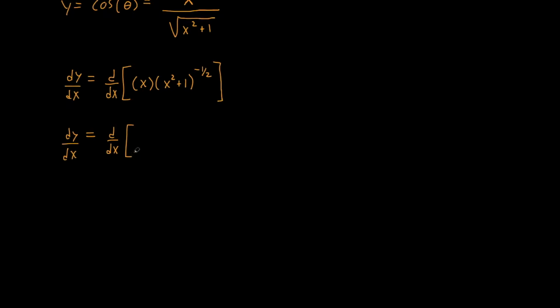So dy/dx is going to equal the derivative of x times (x squared plus 1) to the negative 1/2 power, plus x times the derivative of (x squared plus 1) to the negative 1/2 power.